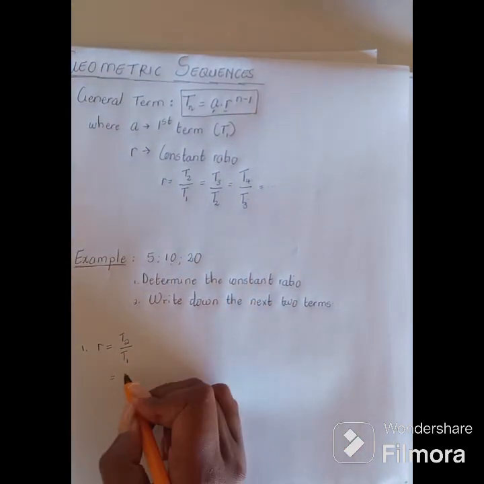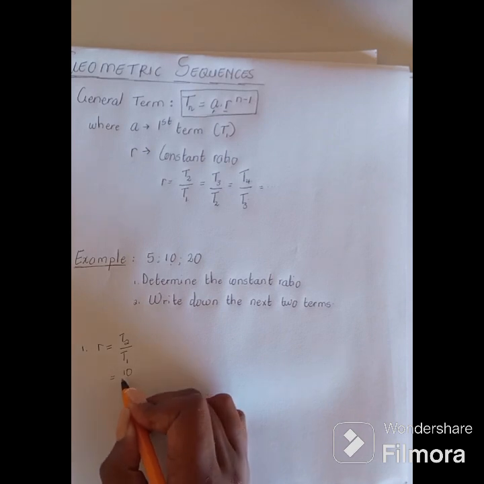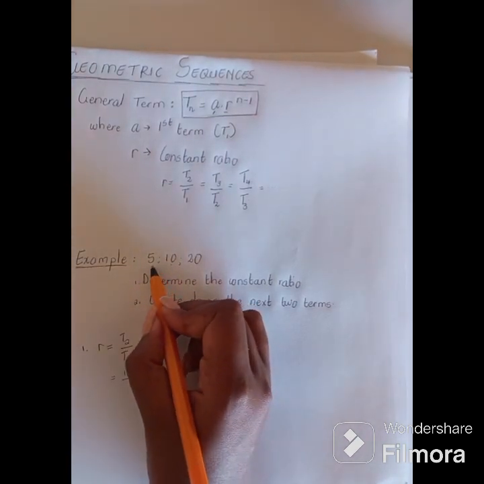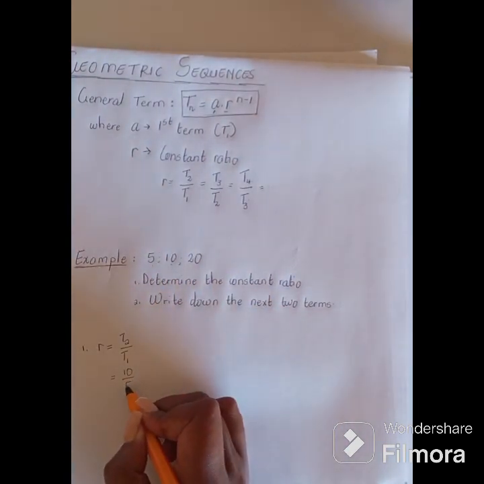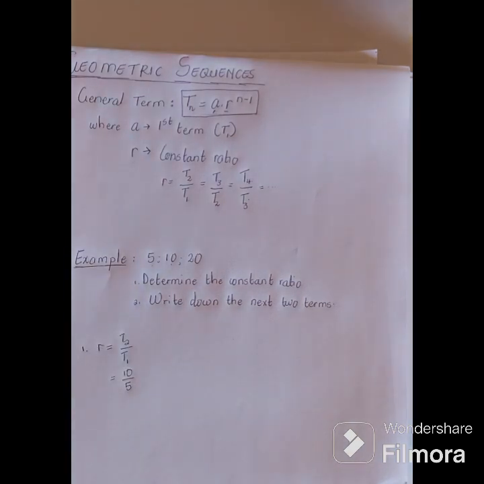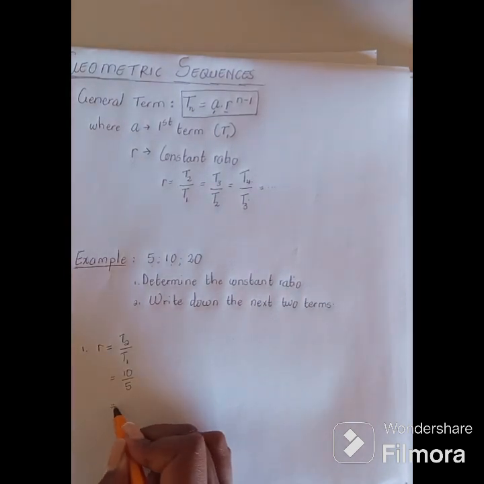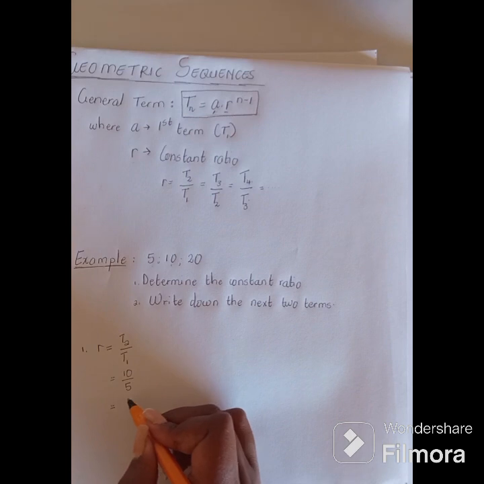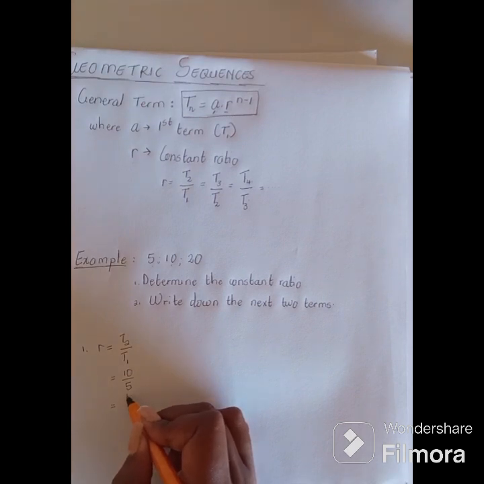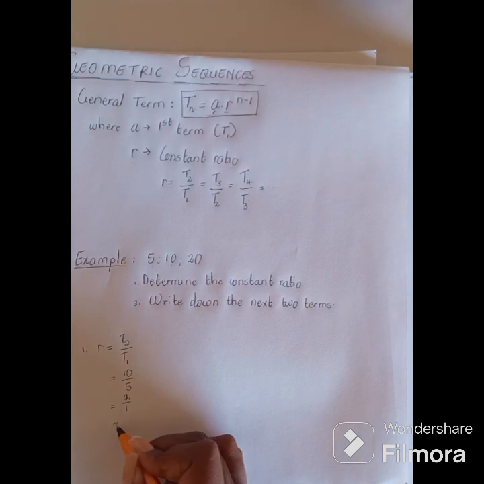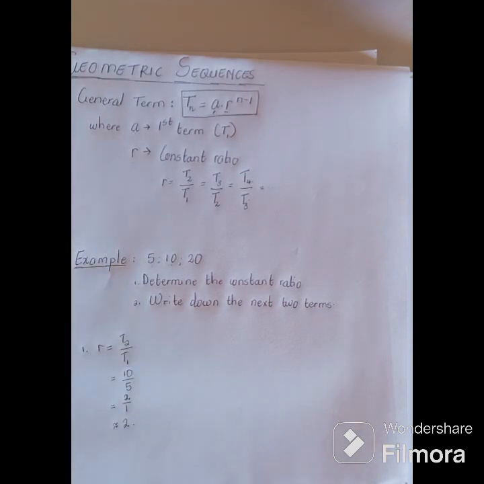Therefore, this is going to be 10 over 5, since term number 1 is 5. When you punch that into your calculator, it simplifies to 2 over 1, which is the same as 2. This tells us that our constant ratio is 2.